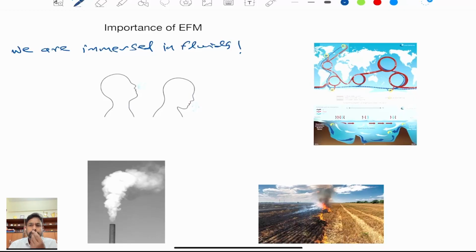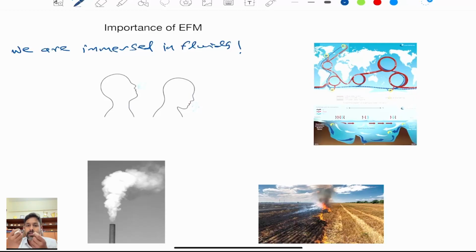So if you think about this breathing in and breathing out system of our own, we breathe in and we breathe out, and when we breathe out it's CO2, right? And once we breathe out, that CO2 is just outside your nose, but because of this naturally driven flow which is happening all the time, that CO2 actually gets dispersed in the nearby atmosphere, right?